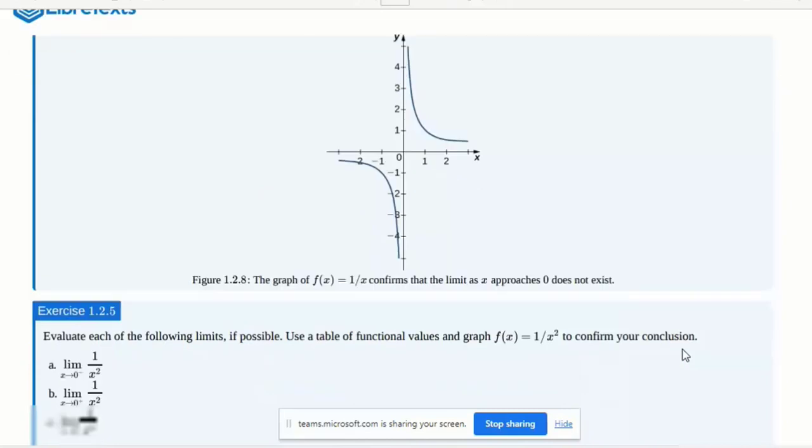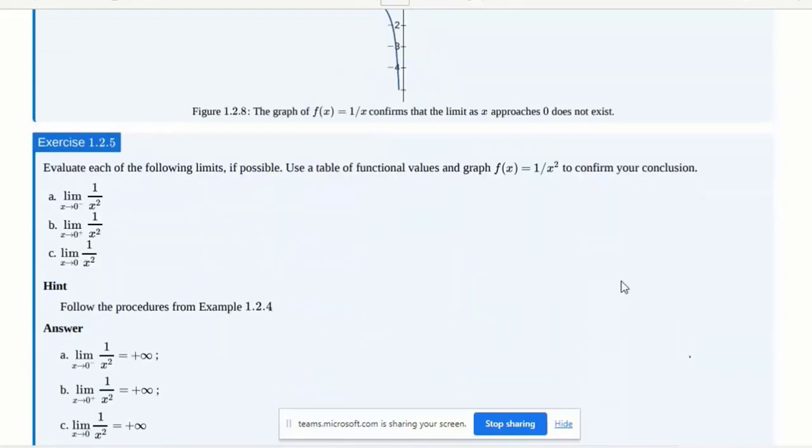Without wasting time, that example is almost similar to this exercise. This is the limit of 1 over x squared as x approaches 0 from the left. Now, do you all see number A, the answer to number A? Yes.